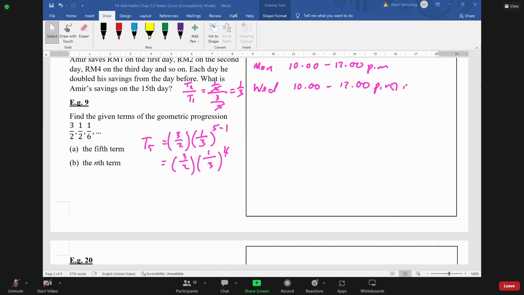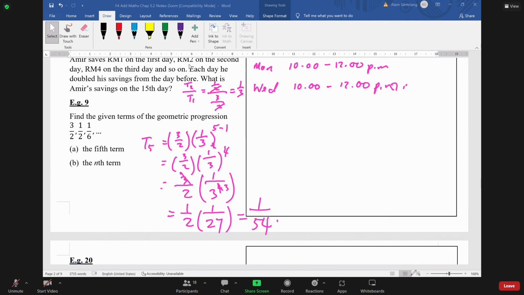Chan Jumping, the 3, you have to simplify. 1 power 4 is of course 1, so I can simplify: 3 power 3 is 27, so it's 1/2 times 1/27, which is 1/54. So that is for A.